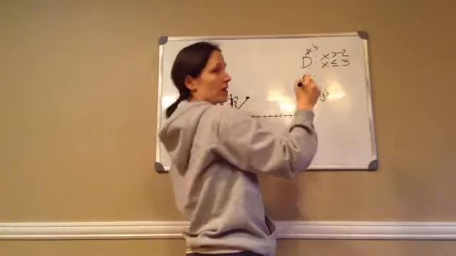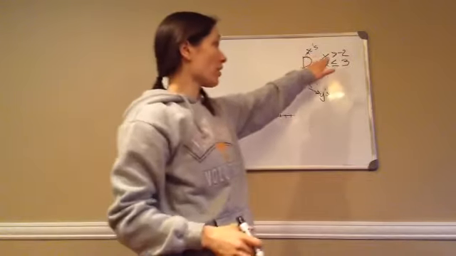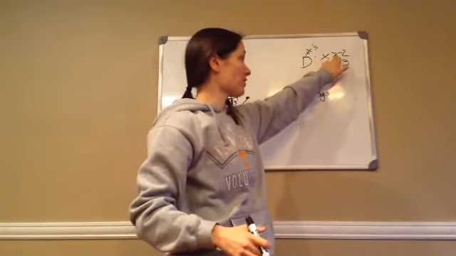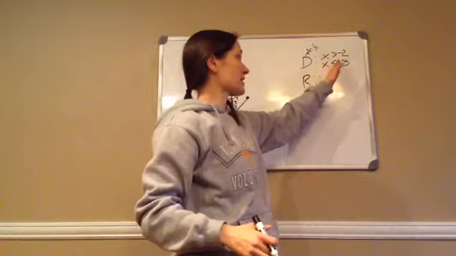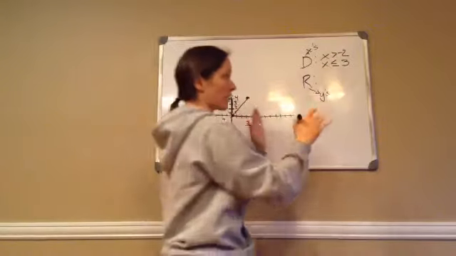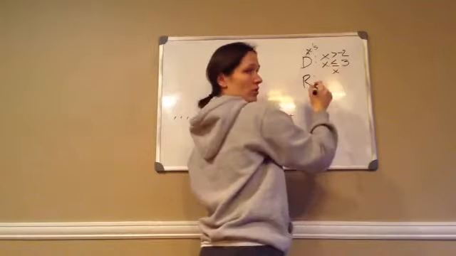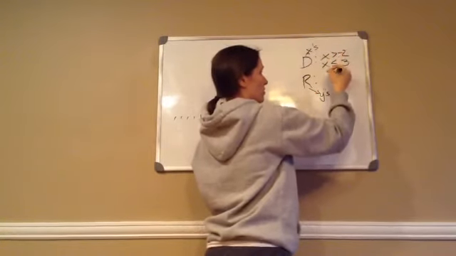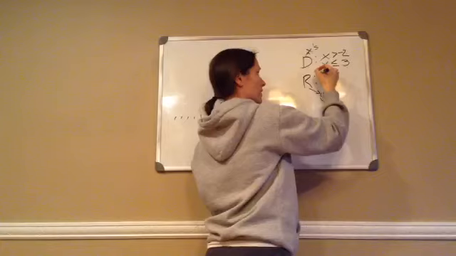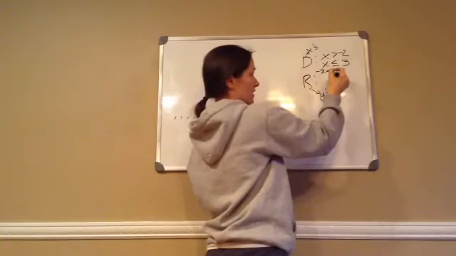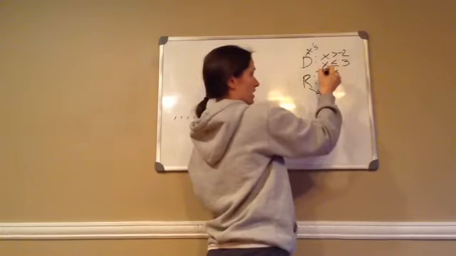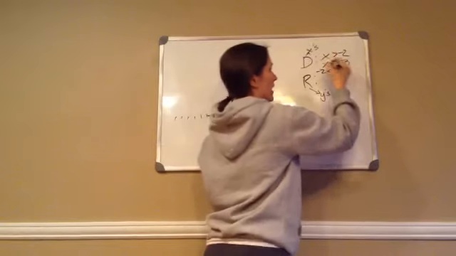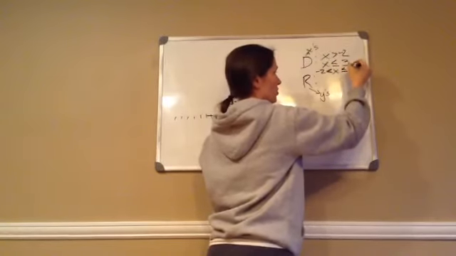So what are all our x's? X is greater than negative 2, x is less than or equal to 3. I write that all out with the x in the middle. See how this is greater than? X is greater than negative 2, and x is less than or equal to 3.